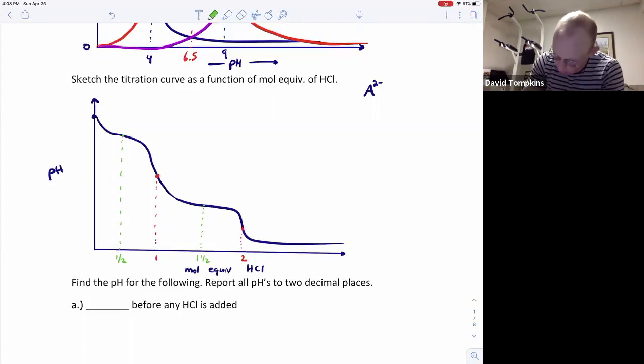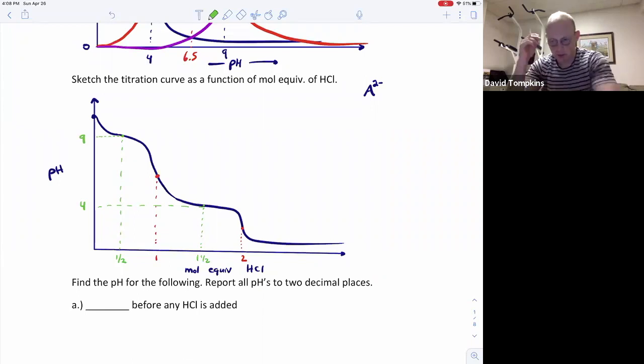And it is at these half equivalence points that we have a pH equal to a corresponding pKa. In this case, the higher pKa goes first because we're going from a basic to a more acidic solution. And then the second half equivalence point will give pH of 4.